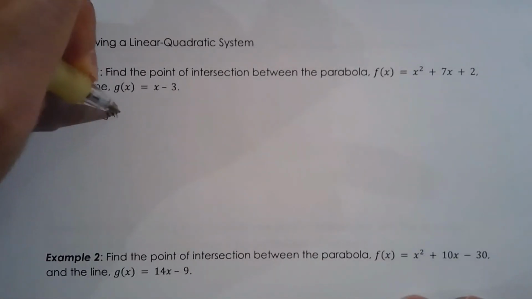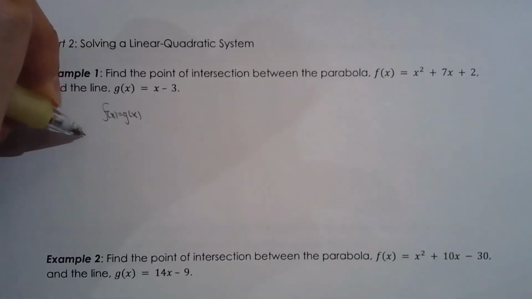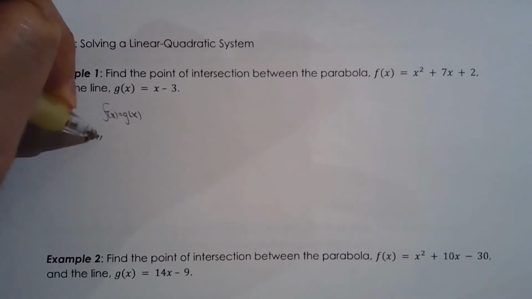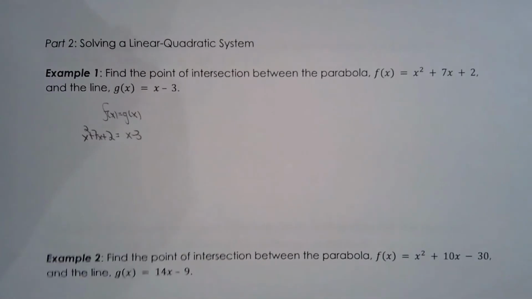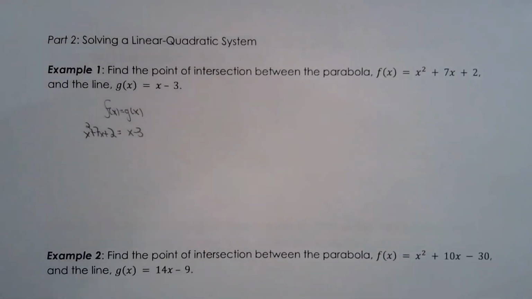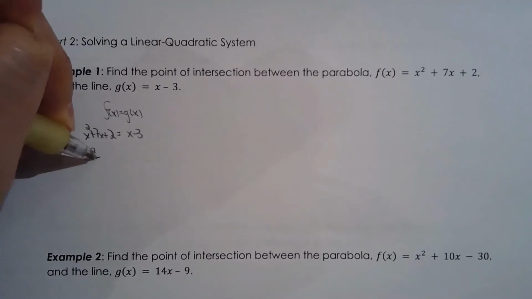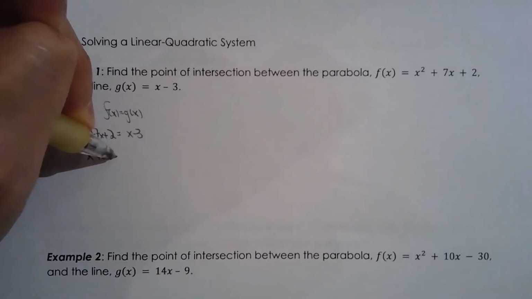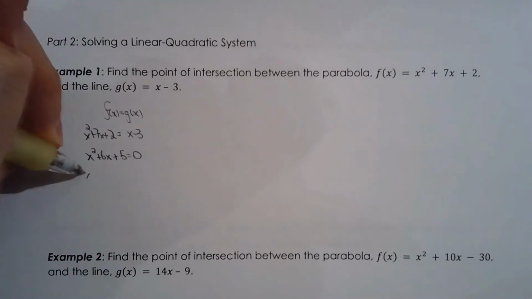When is f of x equal to g of x? x squared plus 7x plus 2 equals x minus 3. Let's set it equal to 0, because what do I have here? I have a quadratic equation. You have two choices, factor or quadratic formula, but it is factorable, so definitely factor.